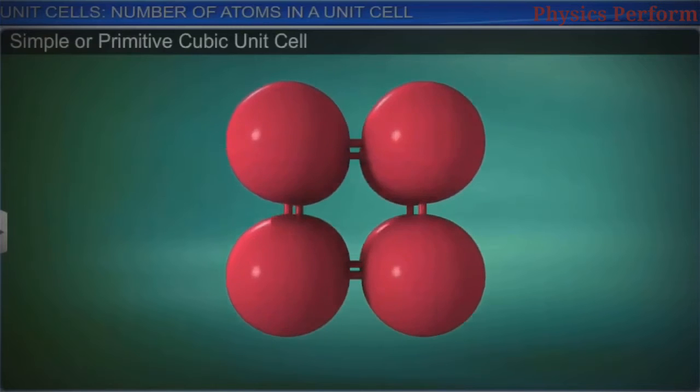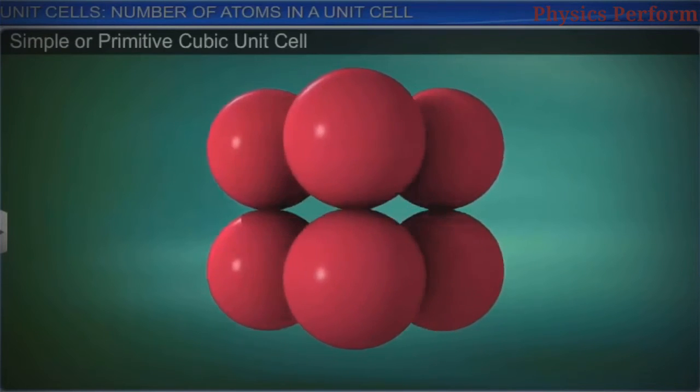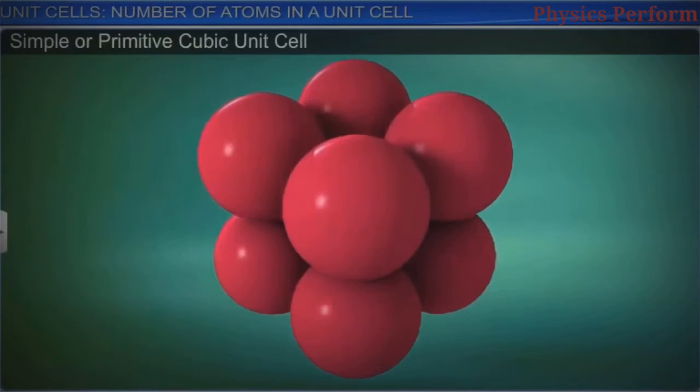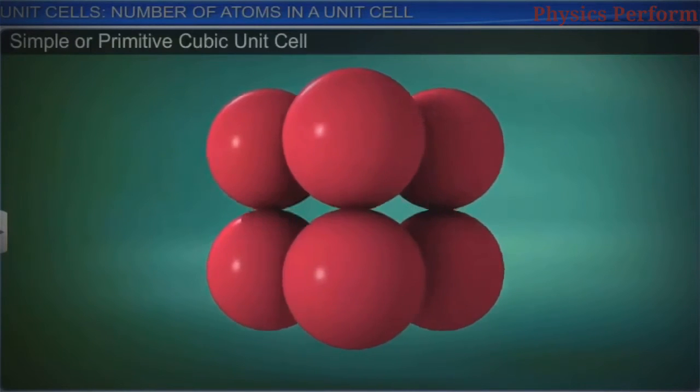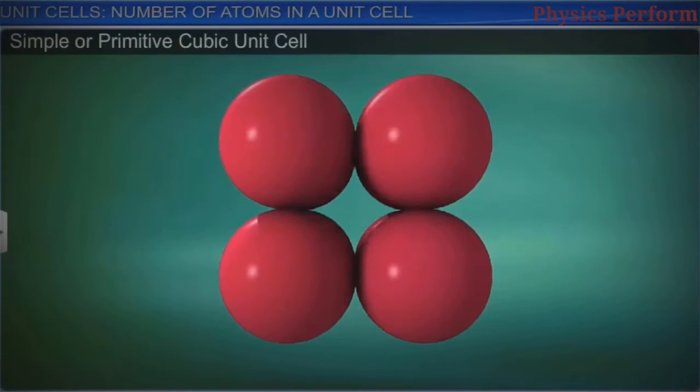In reality, the atoms are packed much more closely together, as shown in the space-filling model here. The space-filling model shows that the atoms touch along the edges of the cell.